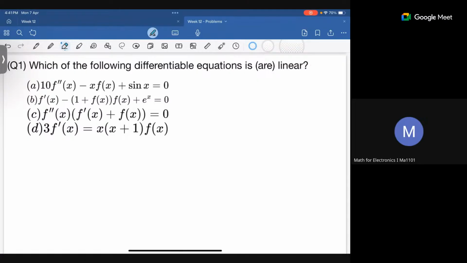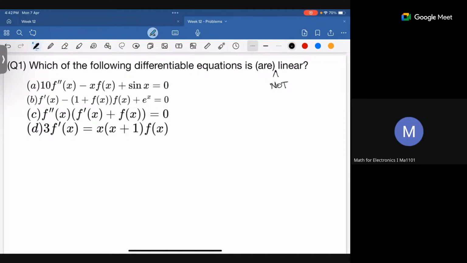Answer it like which of the following differential equations are linear. I will give you a hint. Among the four options given, two are non-linear and two are linear.